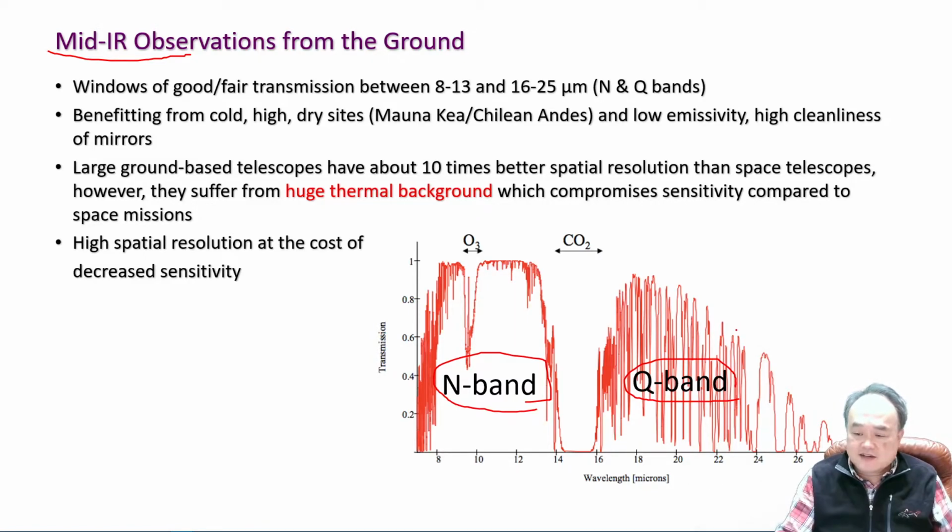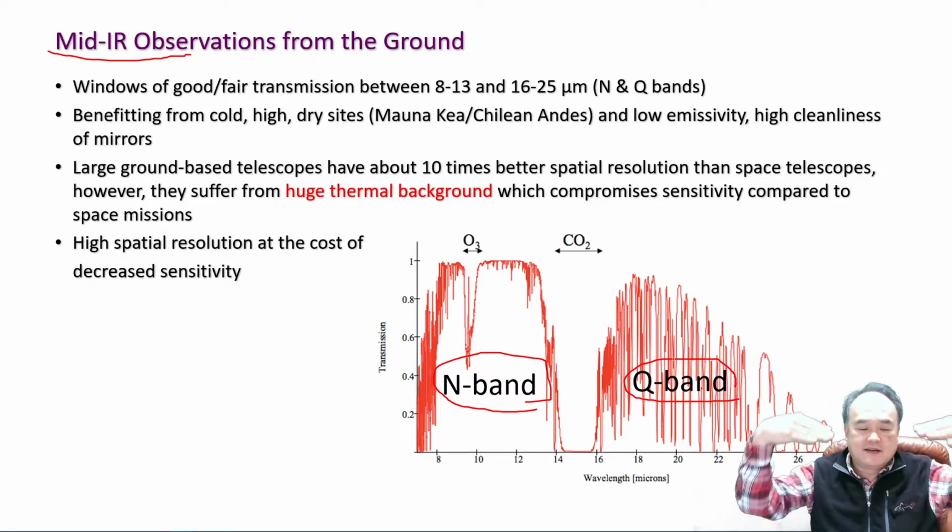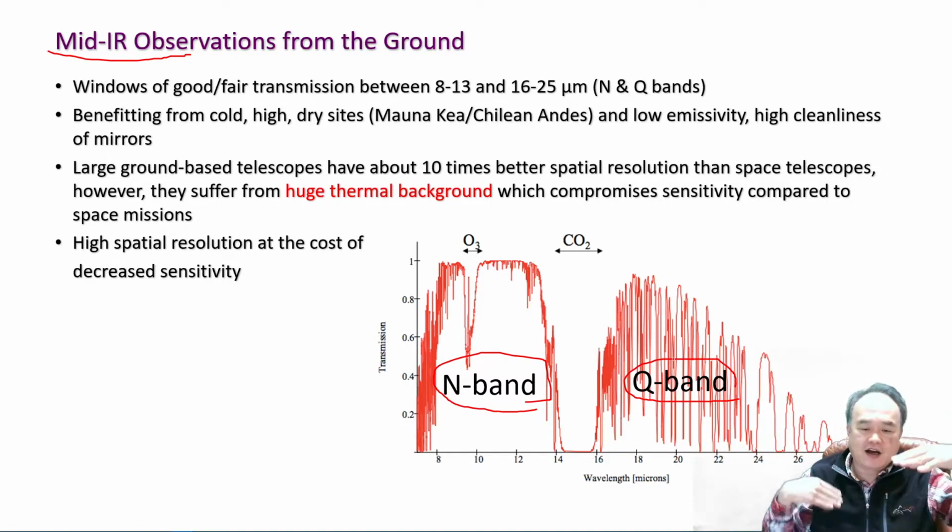These atmospheric windows critically depend on the dryness of the atmosphere and also the air column density. It is best to carry out mid-infrared observation at the top of high mountains.